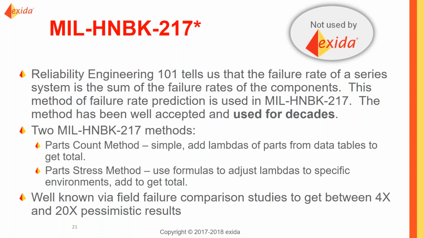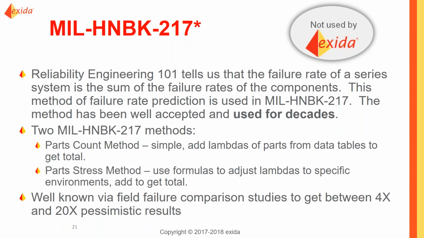We had an organization last year use the Mil Handbook 217 method, and it's starting to not make sense for them either. The Mil Handbook has two different methods. One is the parts count method. It's real simple. You just add the lambdas of the parts from their data tables, you get a total, and that's it. And then you have the part stress method, where you adjust the lambdas for environments and add up to get your total.